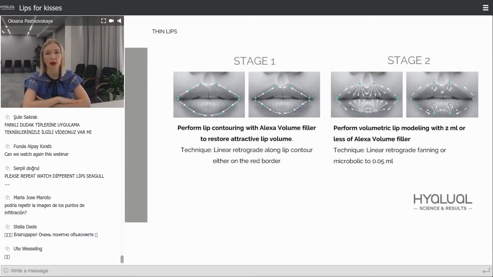As I mentioned before, I correct the contour very seldom, only in definite cases, because I compared the cases in which I corrected the contour and the cases in which I corrected only the vermilion border. The results were mostly the same.